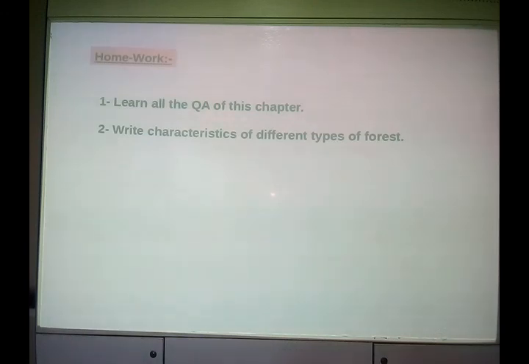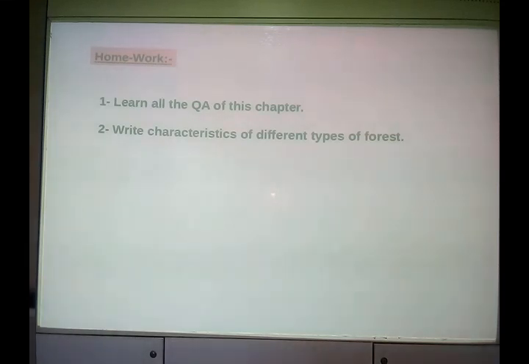You have to write what trees are found and what the characteristic features are, like whether they shed their leaves or not. This is all about this chapter.